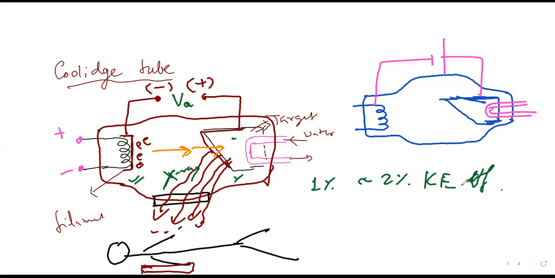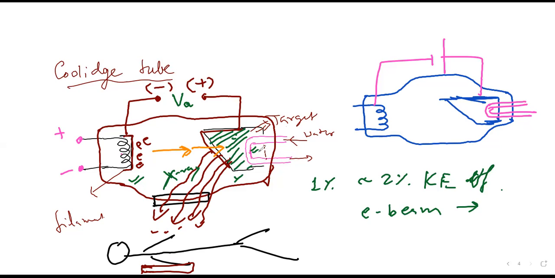The rest is wasted in the form of heat from hitting the target atoms. And the target becomes so hot that if you don't make any mechanism to cool it, it will be of no use. That's why water is supplied to it so that it can take out the heat continuously. Are you getting it?